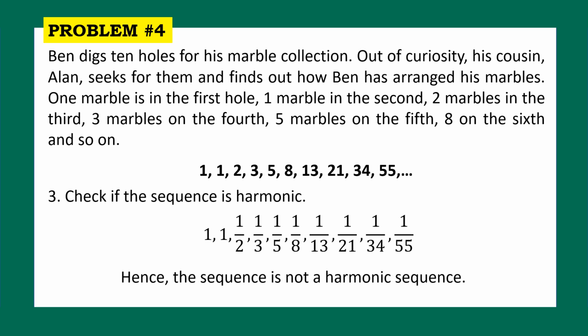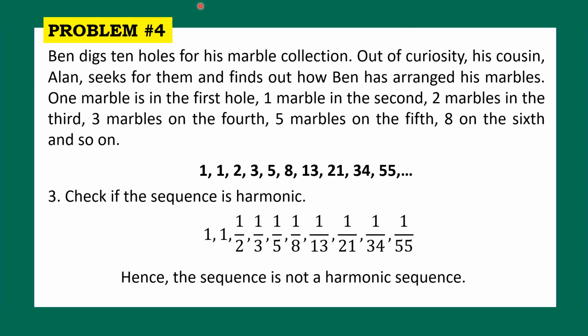Now, for question number 3, check if the sequence is harmonic. In this case, the sequence is harmonic if the reciprocals of the terms form an arithmetic sequence. Now, we get the reciprocals of the terms. We get the following: 1, 1, 1 half, 1 third, 1 over 5, 1 over 8, 1 over 13, 1 over 21, 1 over 34, and 1 over 55.